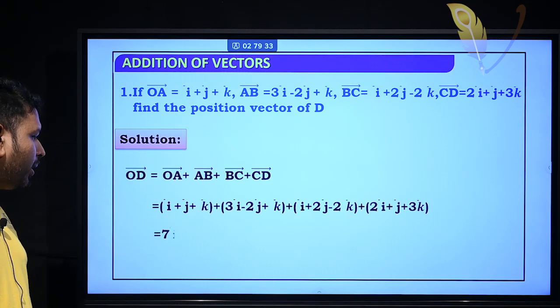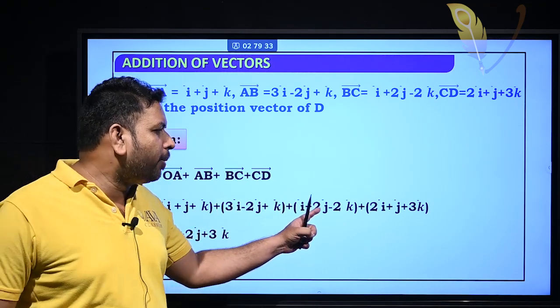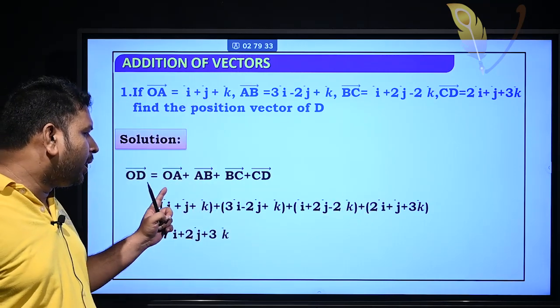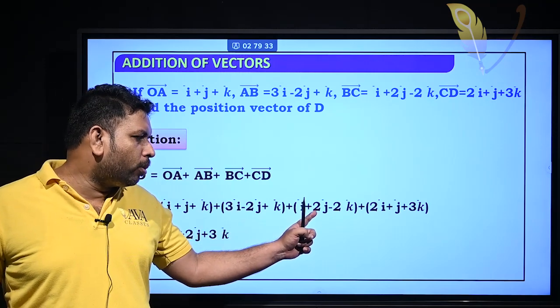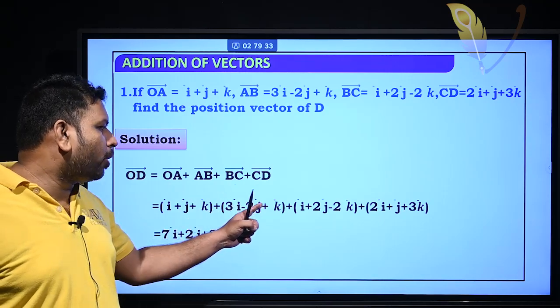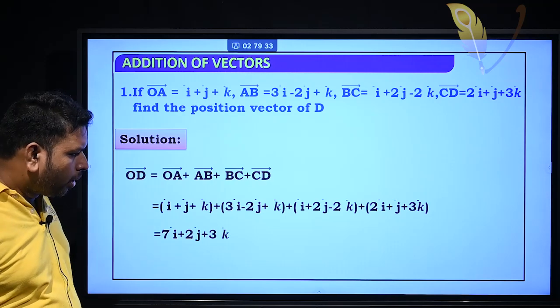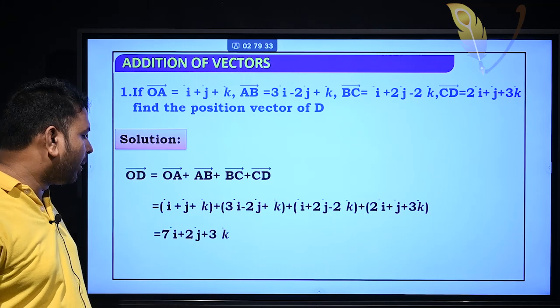Now adding these we get I cap coordinate: 1 plus 3, 4, plus 1, 5, plus 2, 7I cap. Adding J coordinate: 1 minus 2, minus 1, minus 1 plus 2, 1, plus 1, 2J cap. Plus K coordinate: 1 plus 1, 2, minus 2 cancel, so plus 3K cap.